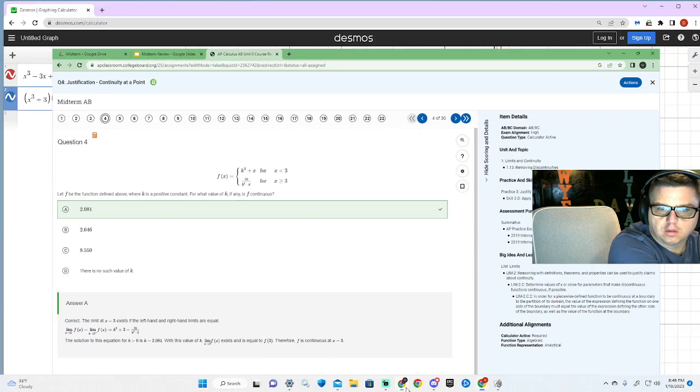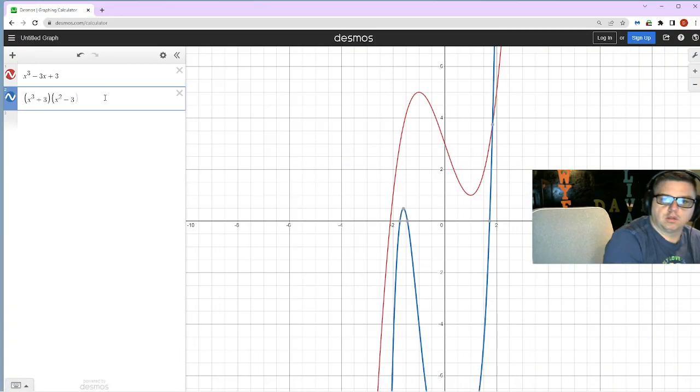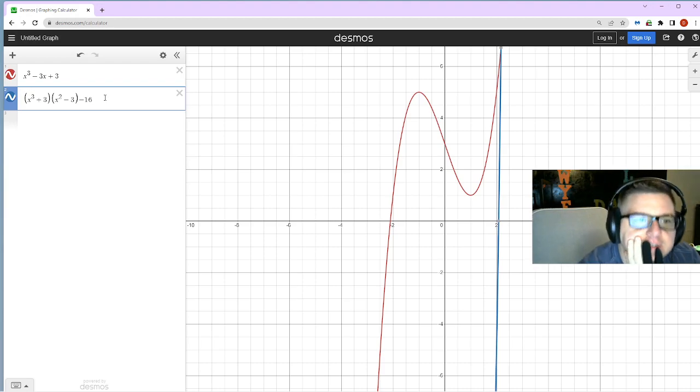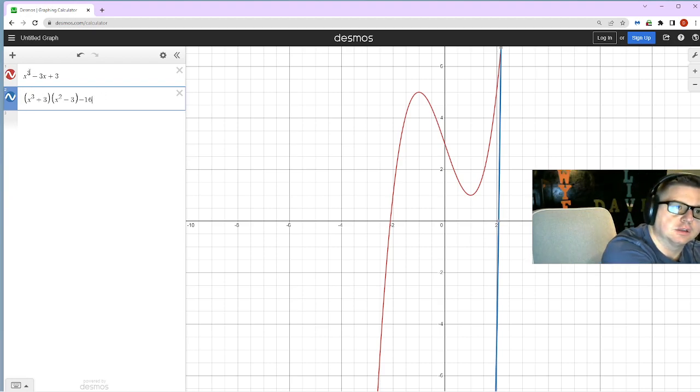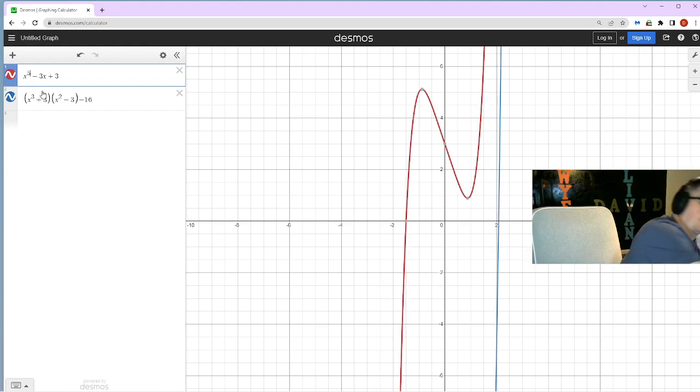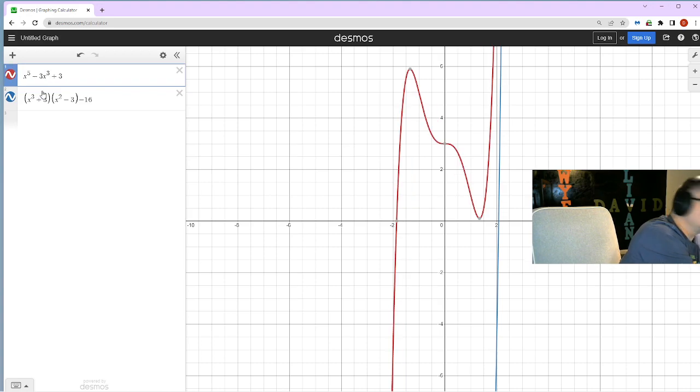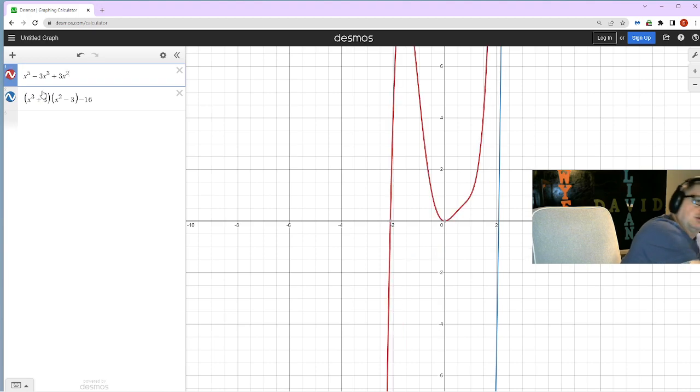Okay. And then we would minus 16 to the other side. Oh, interesting. So then let's do this. Base squared.